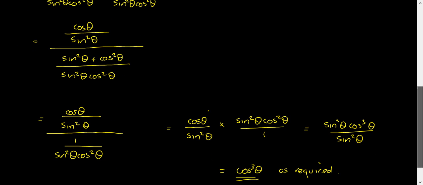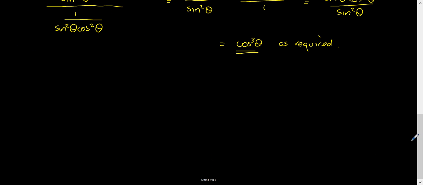So part B of the question says, hence explain why this equation equal to 8 has no solutions. So the word hence means use what you've just done. So what we're saying is because the big equation was identical to cos cubed theta, the equation we're trying to solve is that cos cubed theta equals 8, which means that cos theta is the cube root of 8, which means that cos theta is 2.